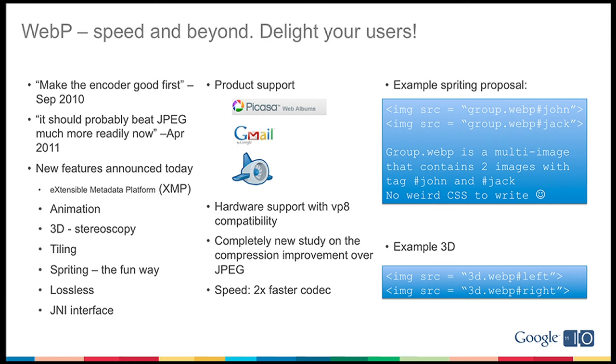For 3D, again, if you look at the third column, 3D images that are out there in JPEG, if you display them on a 2D display, just don't make any sense. So with our ability to put multiple images in the same image file, we can call the left image versus the right image separately, and then show them.